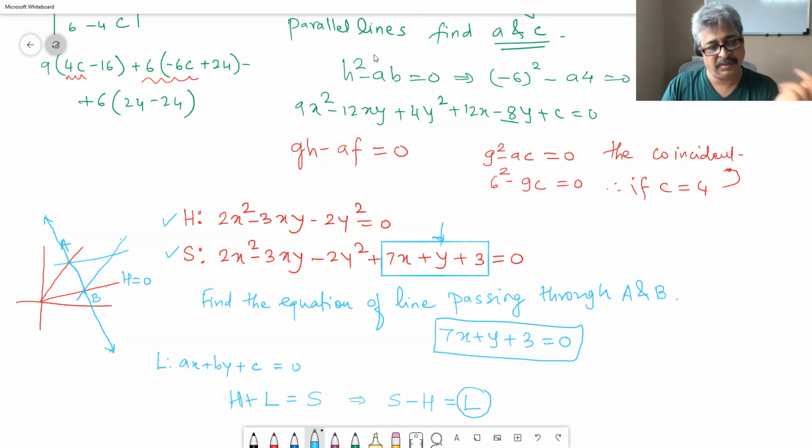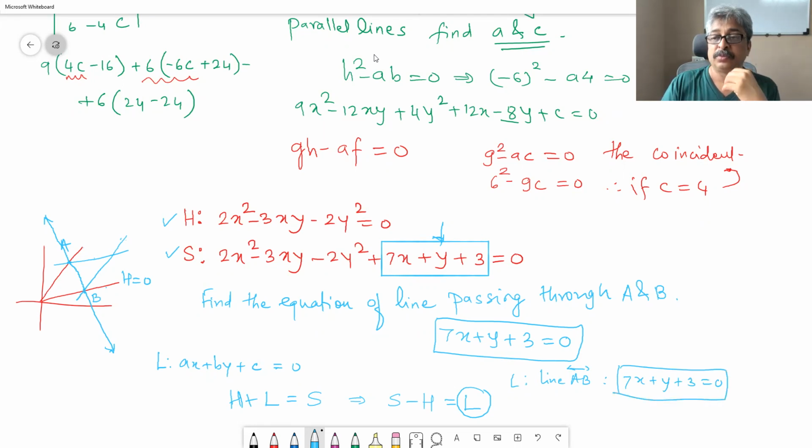And so A will satisfy L and B will also satisfy L. So if 2 points satisfy a linear equation in x and y, then L should be the equation of line AB. Correct? And therefore we get the equation 7x plus y plus 3 is equal to 0.